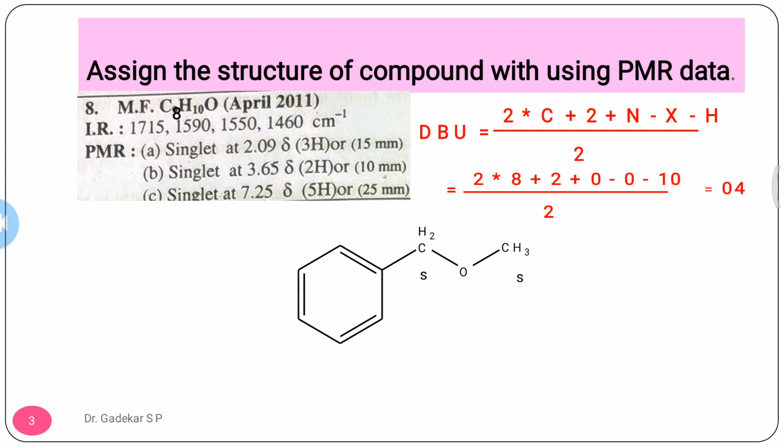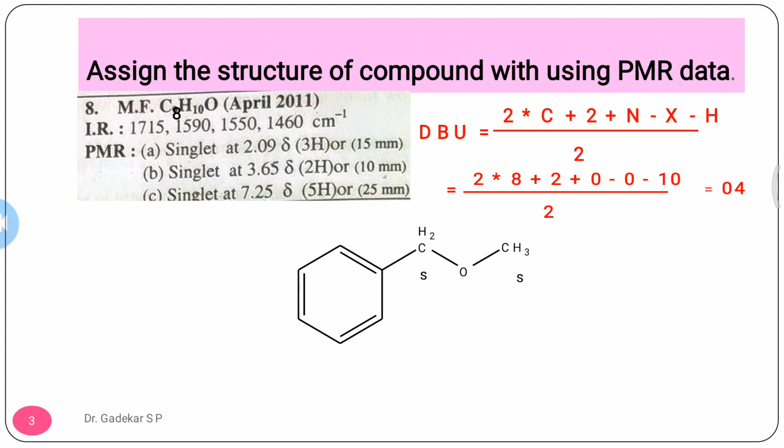For C8, put in the values: 2 times 8 plus 2, plus nitrogen atoms 0, halogen atoms 0, minus the number of hydrogens, 10. The calculated value is 4. It means 4 double bonds are present: a benzene ring has 3 double bonds and 1 ring, so 3 plus 1 is 4.